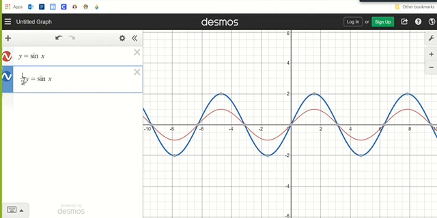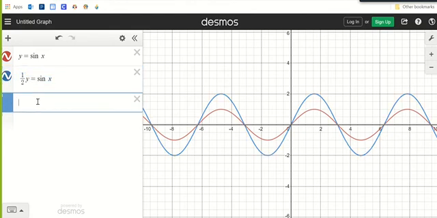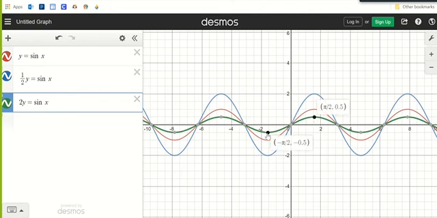Okay, now if I want to compress it by a factor of 2, sorry, I misspoke. If you want to compress it by a factor of 1/2, then watch this. Boom. Now, if you look at the green, the range is going to be 0.5 positive and 0.5 negative.